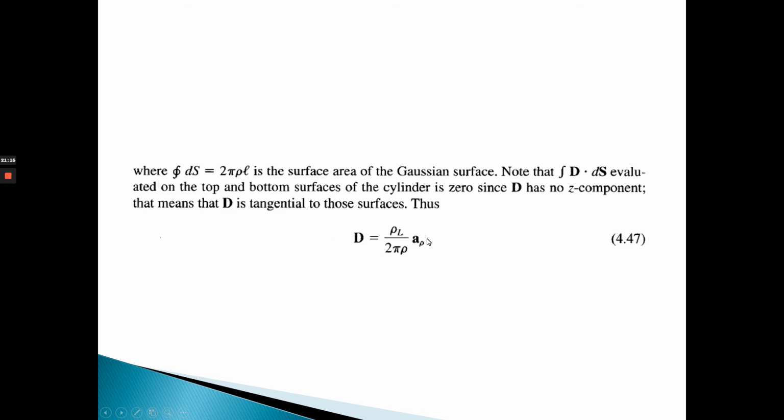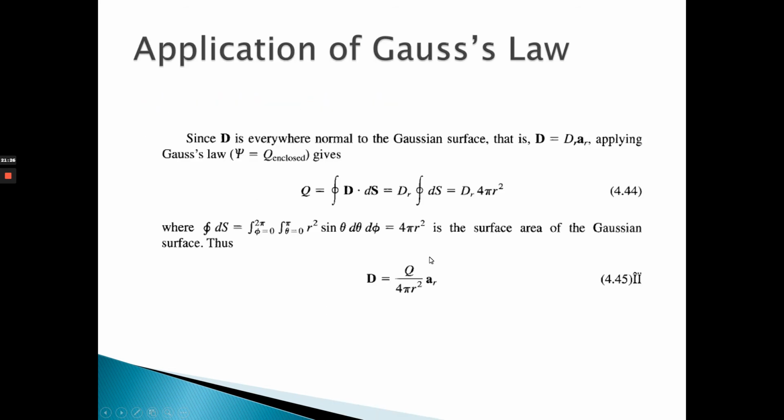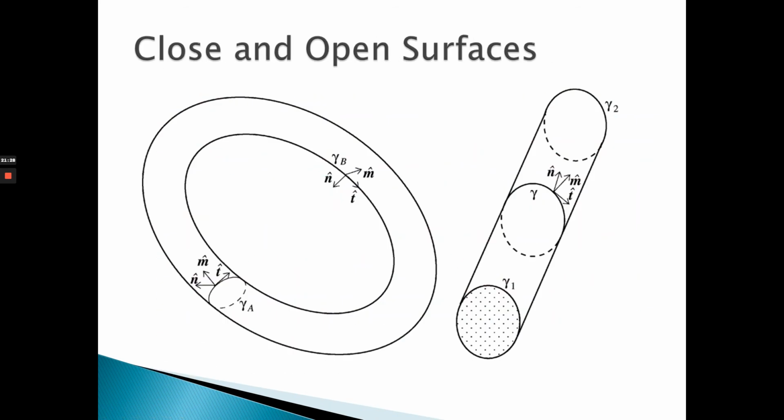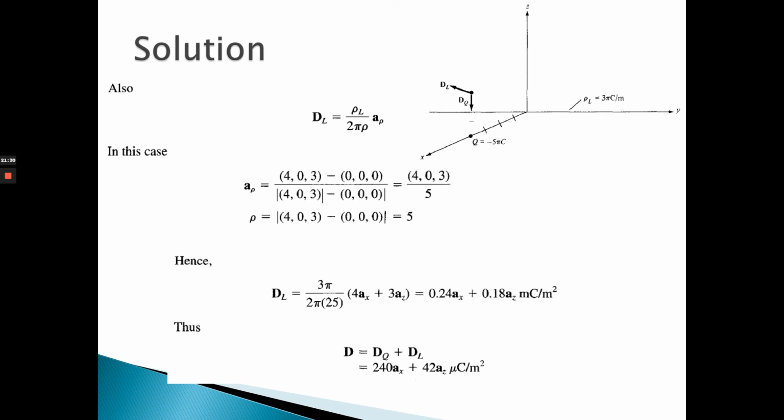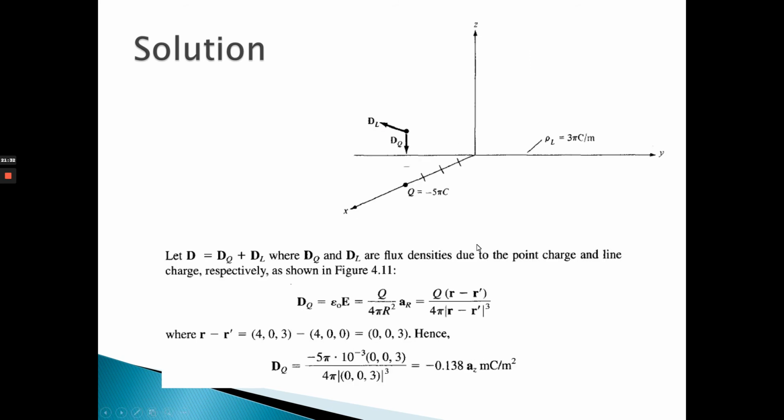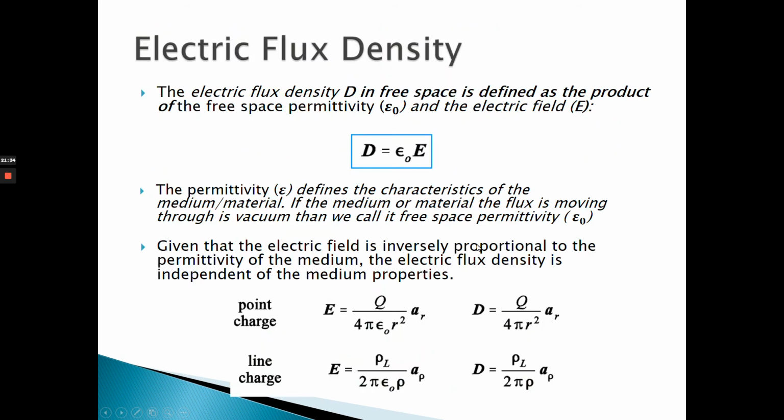and we get D_rho is equal to Q divided by 2 pi rho L. So this is just to remember that if it's a line charge, then you can directly apply this, which we have actually used in our solution here. It's the same thing, but we are representing it in a different way.